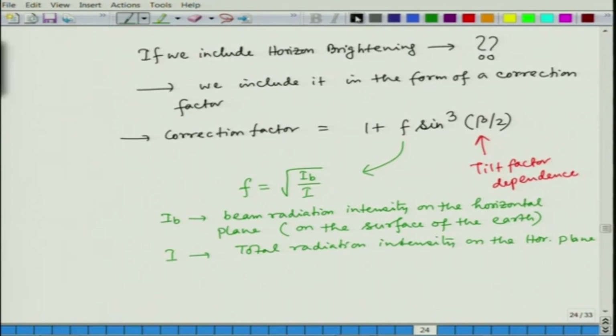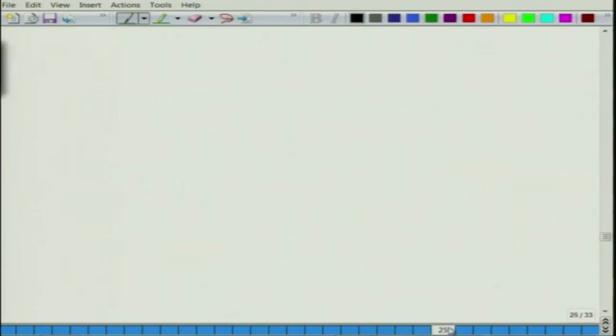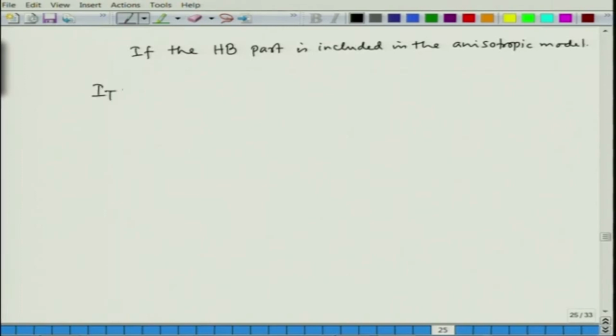Now, if we include that correction factor in our expression, then if the horizon brightening part is included in the anisotropic model, then the final expression that we get is the total radiation on the tilted surface, that is I b plus I d a I multiplied by R b, just like the previous expression that we had.